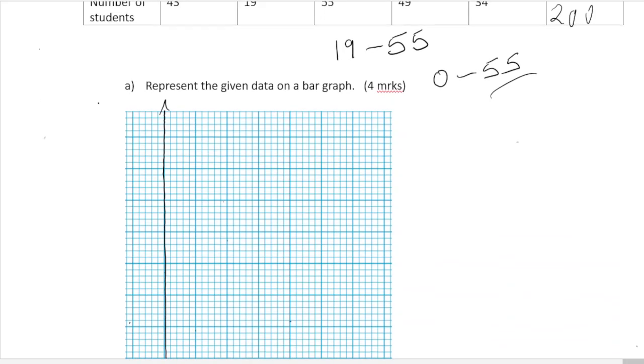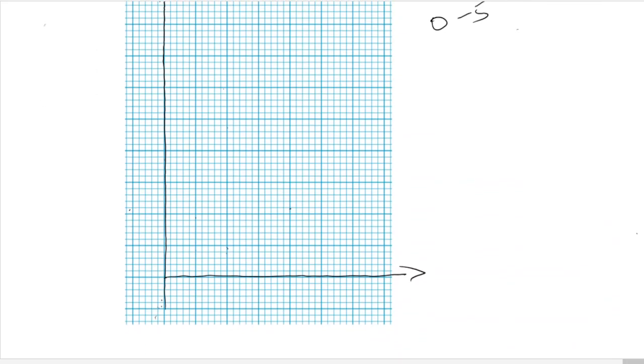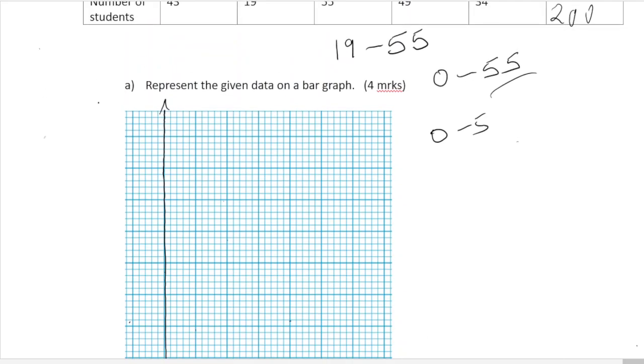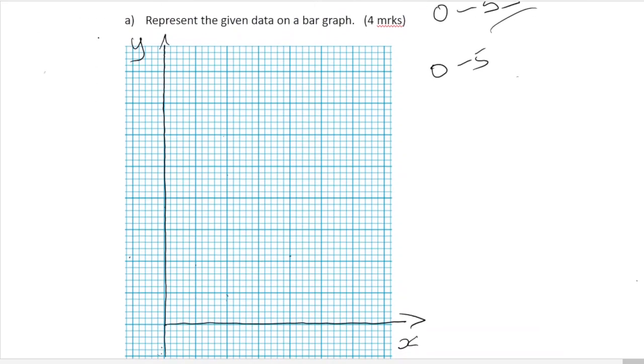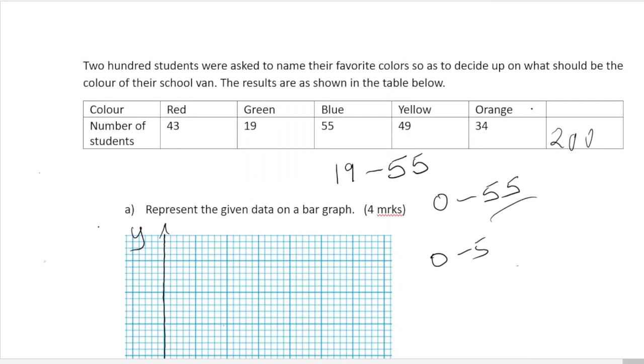For example, if we take the first scale between 0 and 5, we have our Cartesian plane here, where the horizontal axis is the x-axis and the vertical axis is the y-axis. The color should go to the x-axis, and the number of students should go to the y-axis.